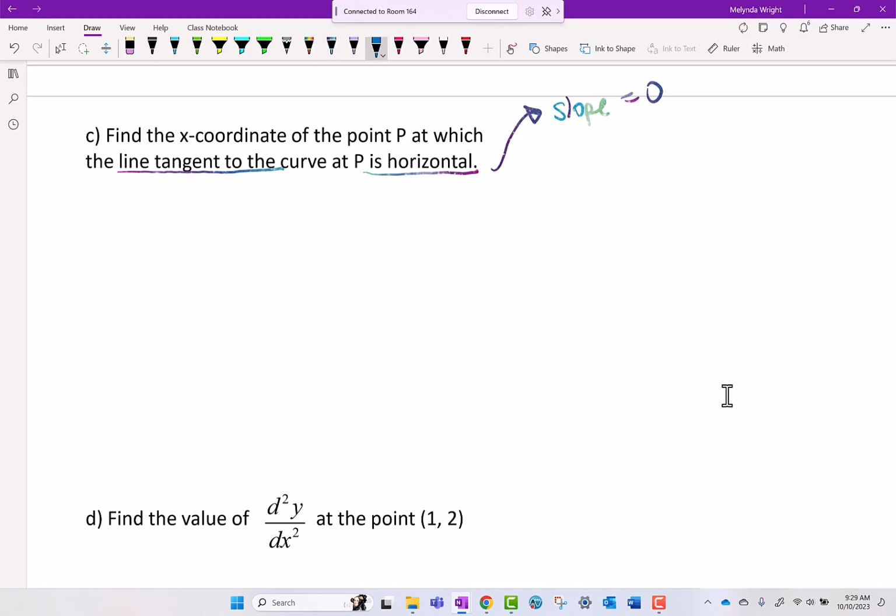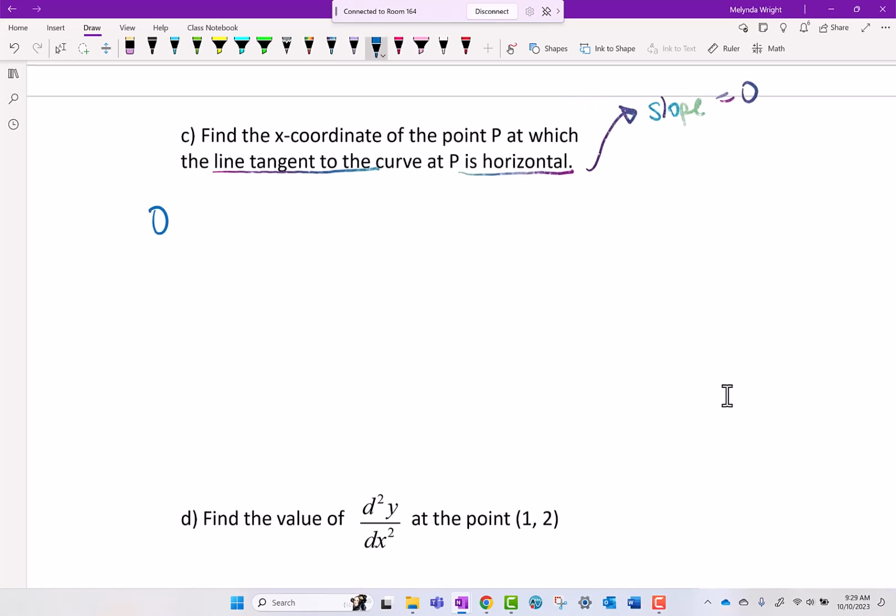So let's set the derivative equal to 0. The derivative was given to us as 6x squared minus y squared over 2xy. That's what it is. Okay, so that looks a bit crazy.